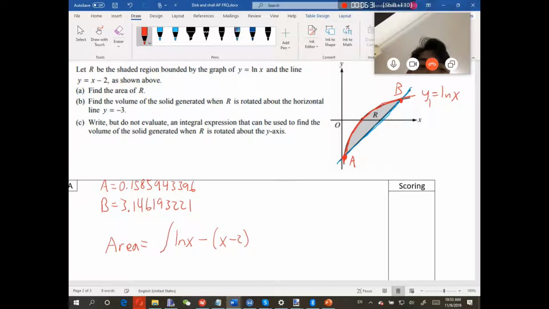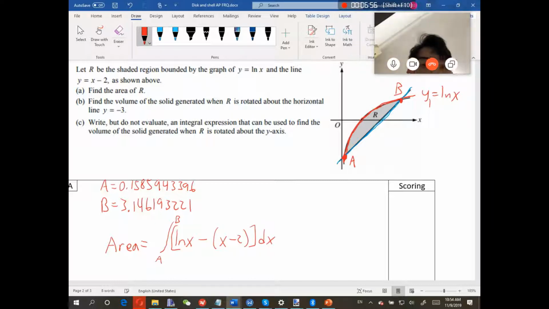Okay, I'm going to integrate from what bound to what bound? From A to B, perfect. Again, I can just cite A and B now that we've defined them. And then I'm integrating in terms of what variable? In terms of x, perfect, dx.